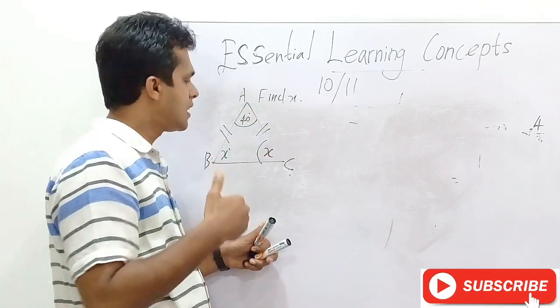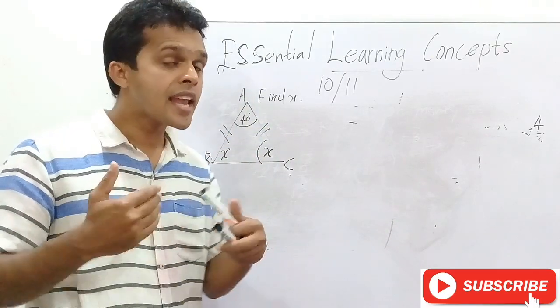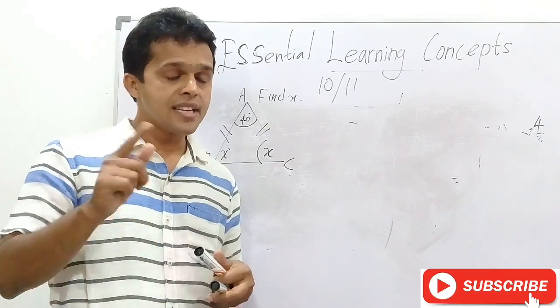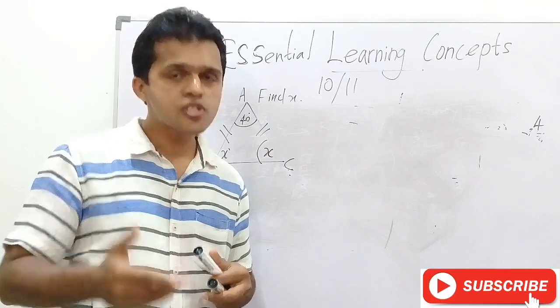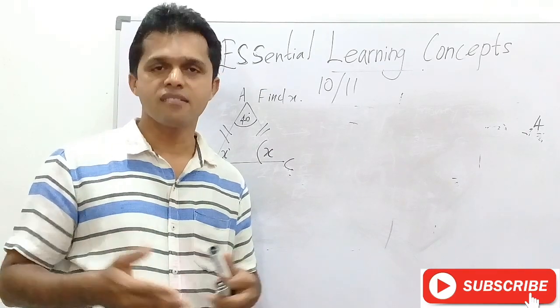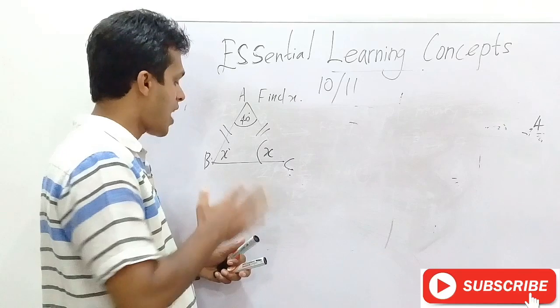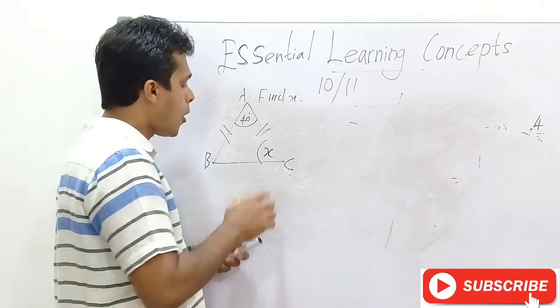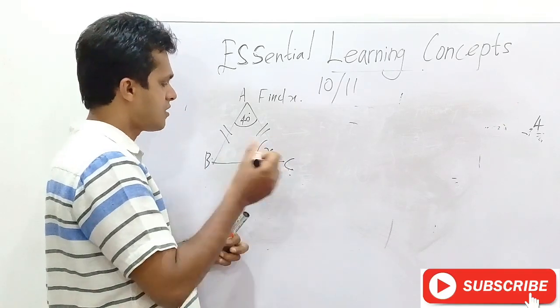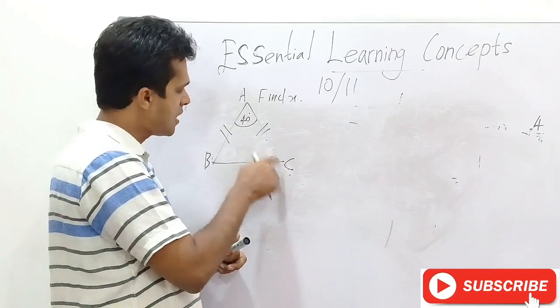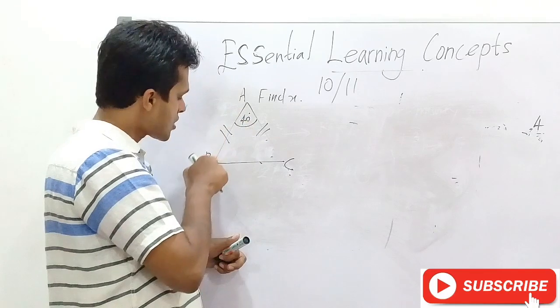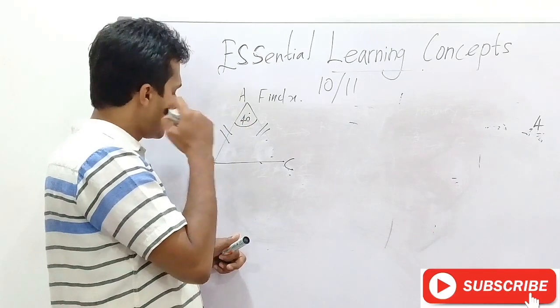Now learn this. In an isosceles triangle, the angles opposite to the equal sides are equal. You could see the angle C, the side AB.